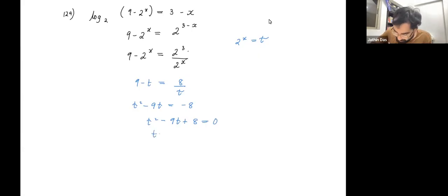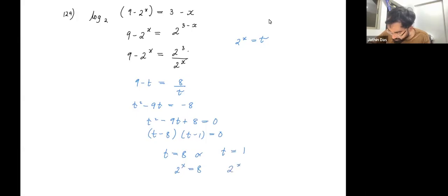So t minus 8 and t minus 1 is equal to 0. So t is equal to 8 or t is equal to 1. So 2 raised to x is equal to 8 and 2 raised to x is equal to 1. So x is equal to 3 or 0.